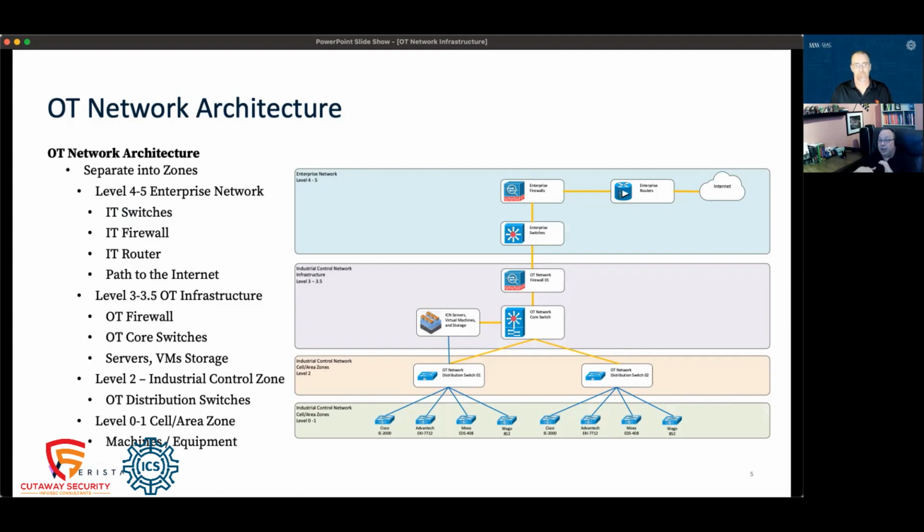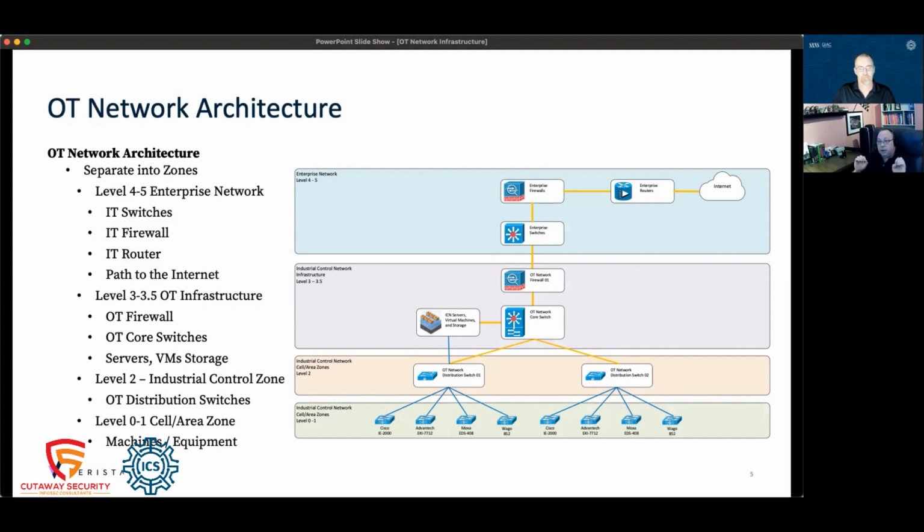So yes, we can communicate to the enterprise network, in certain instances, but we're not giving unfettered access to the corporate network. Then you've got your core switches, and this is where you have your infrastructure, like your servers, virtual machines, and mass storage.